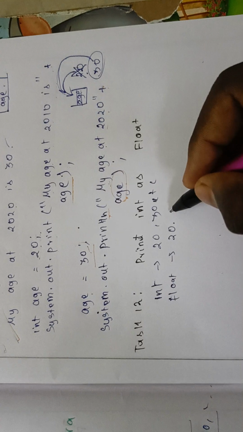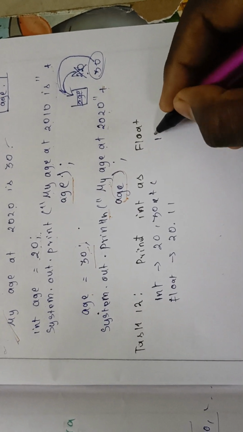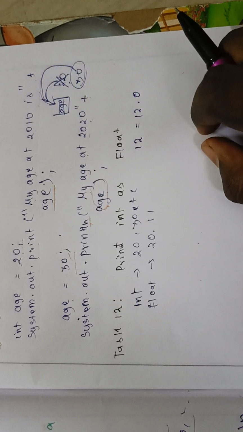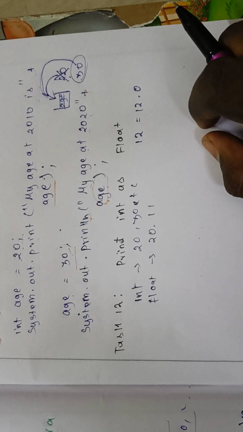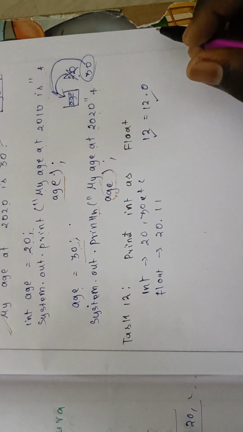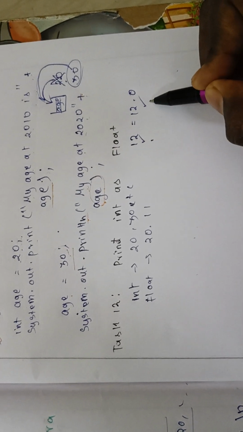And many of them think 12 and 12.0 are both the same, but no, in any programming language 12 and 12.0 are not the same, because this is an integer and this is a float.